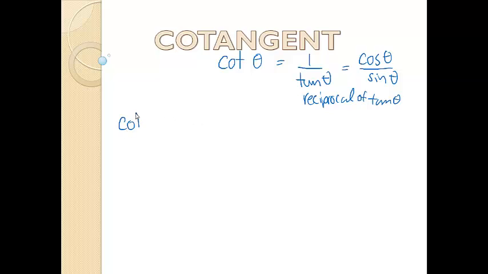So if I need to find the cotangent of, let's do 7/4 pi. Let's get out my unit circle again here. First of all, this is going to equal cosine of 7/4 pi over the sine of 7/4 pi.